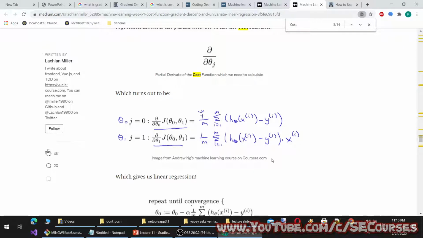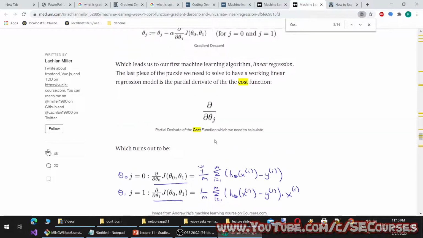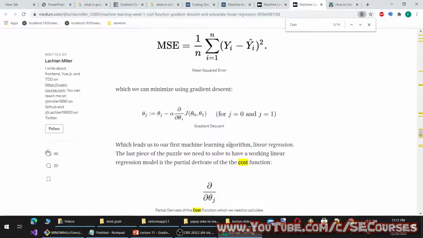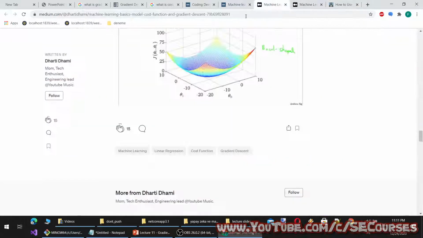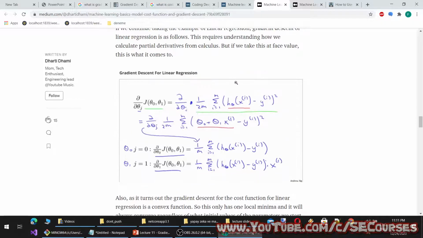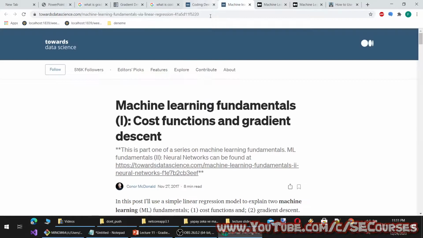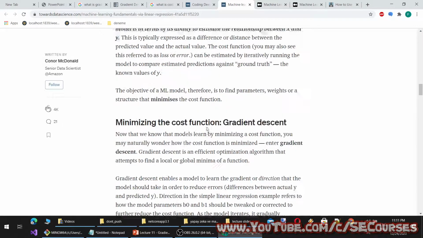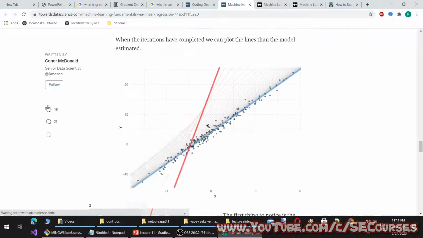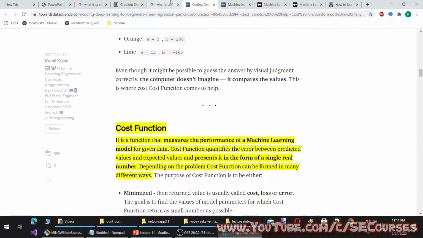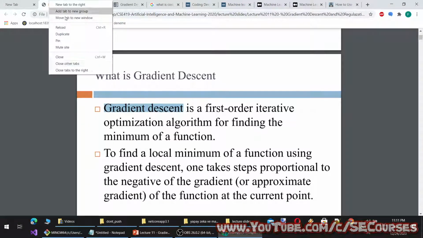We multiply it with the new x value, and then we take the partial derivative of this version. It is more about mathematics, but now we get the idea of the cost function, which was my aim.